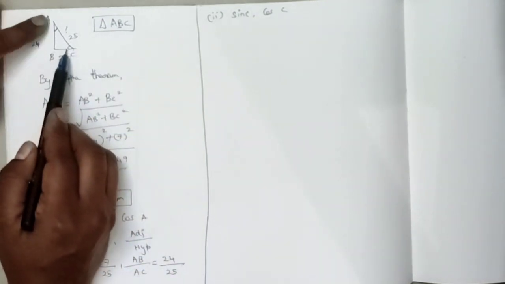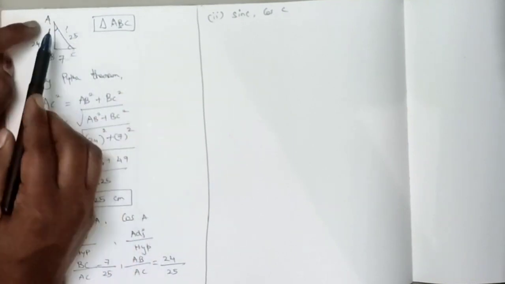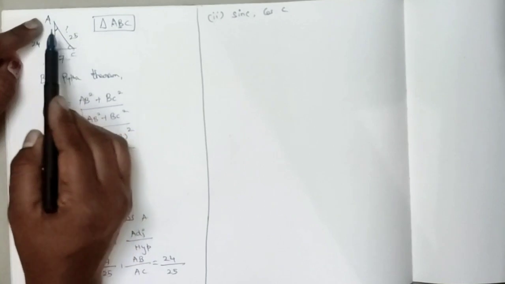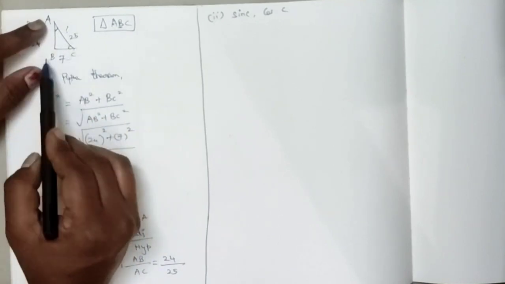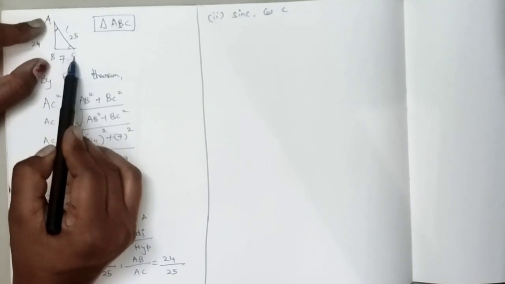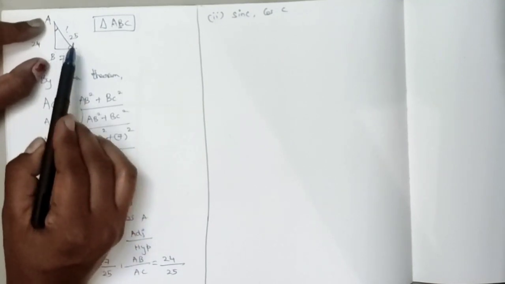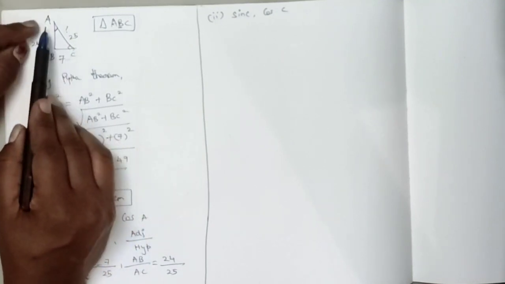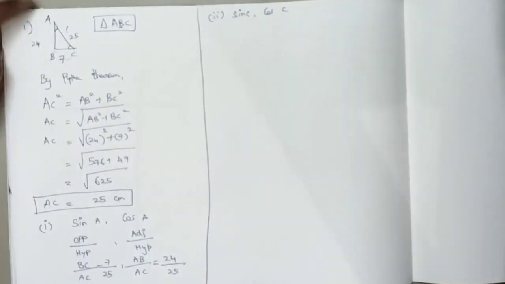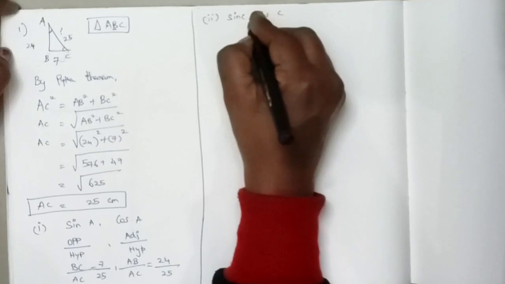The opposite of angle C is AB, which is adjacent to angle A. So, sin A is opposite by hypotenuse, BC by AC, which is equal to cos C, since cos C is adjacent by hypotenuse. So sin A is equal to cos C. Similarly, cos A is equal to sin C. We'll try to solve that.